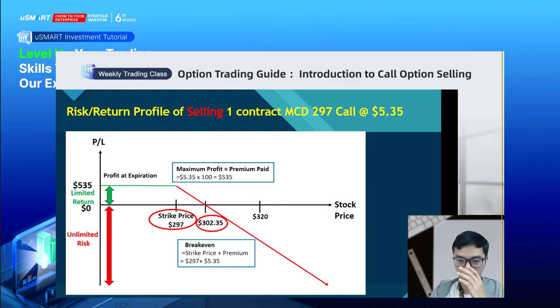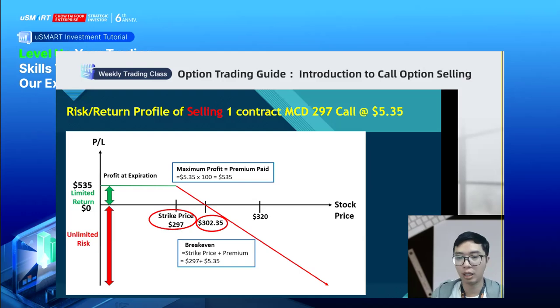So there is an extra $5.35 as a buffer, and when the price passes beyond 302.35, we will actually lose. Our limited return will be 535, and our risk will be unlimited.